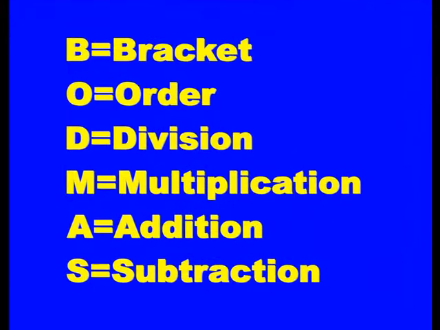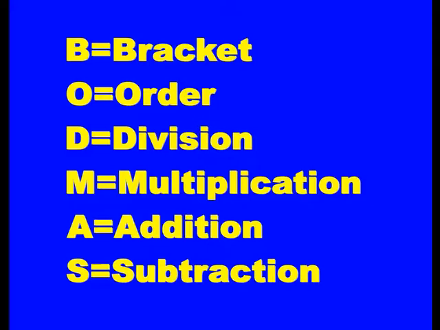BODMAS. This is the order of carrying out mathematical operations. B stands for bracket. It means that when solving a mathematical problem, the first thing to do is to solve the bracketed problems. O is order. The second operation to carry out is the order. This refers to all operations excluding division, multiplication, addition, and subtraction.